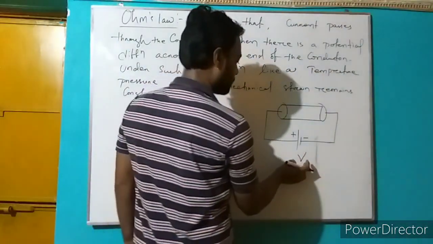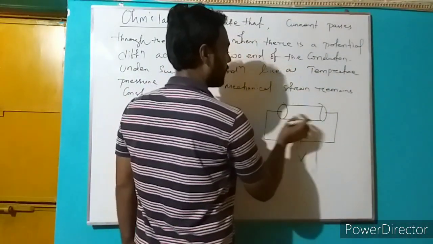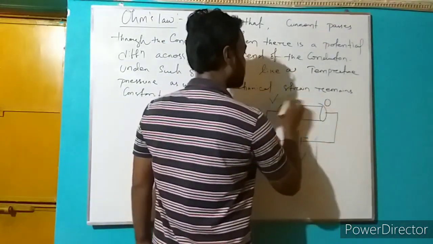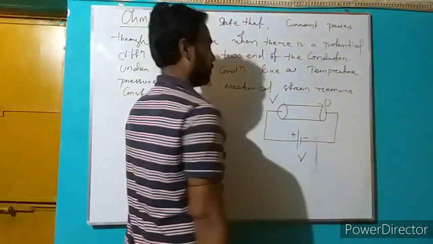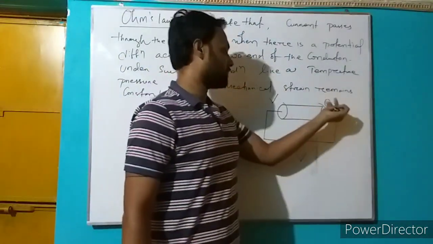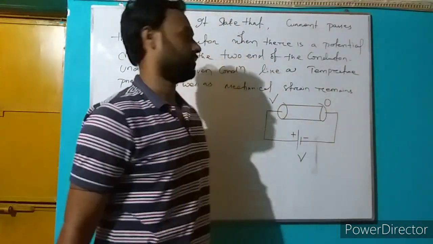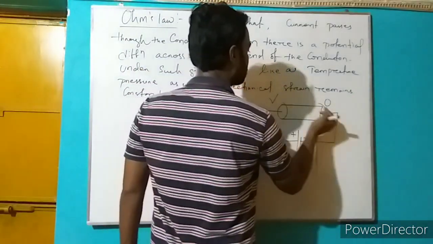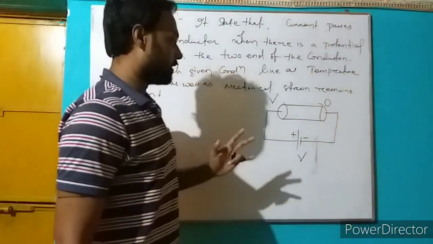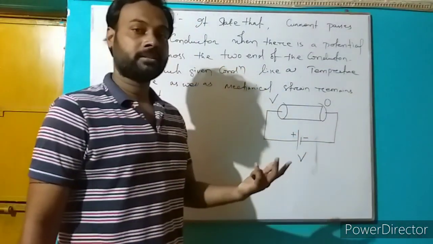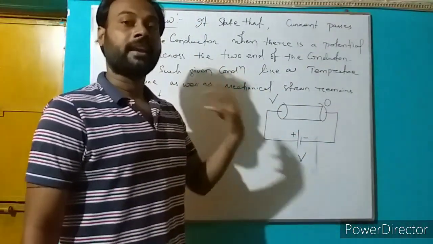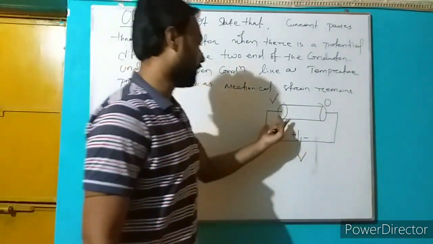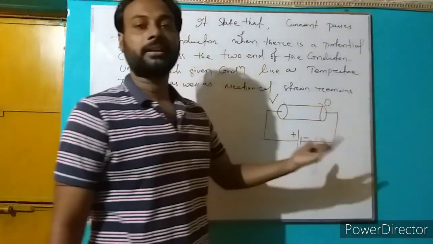That V volt can be assumed across the two ends of the conductor, given by V volt and 0. The difference between the two potentials is V minus 0 equal to V volt. So whenever there is a potential difference across the two ends of the conductor, it is required to carry the current continuously through the circuit or that conductor.